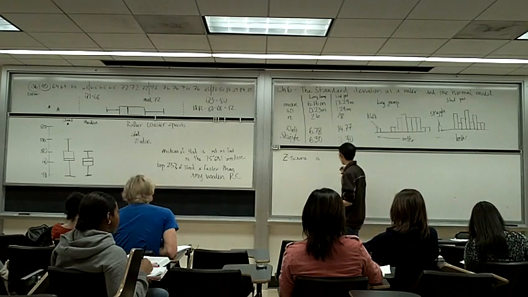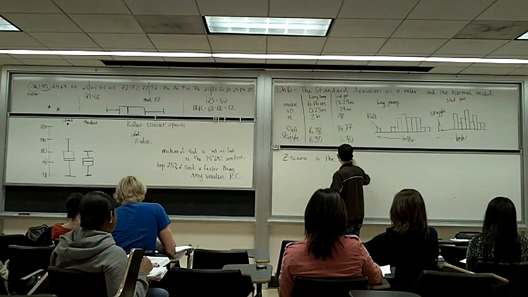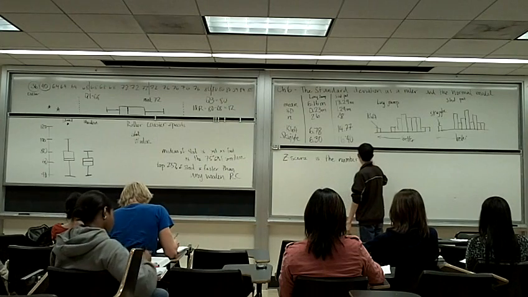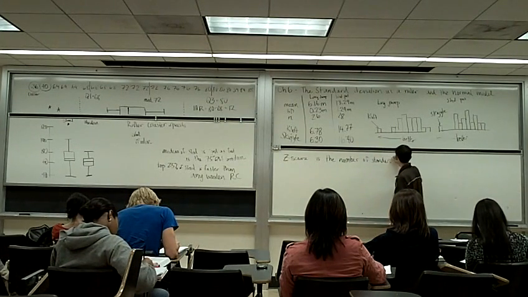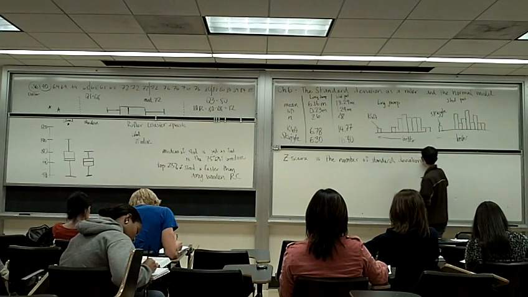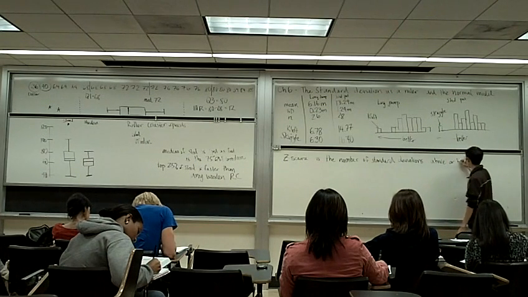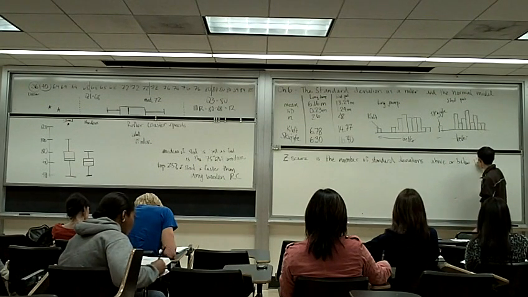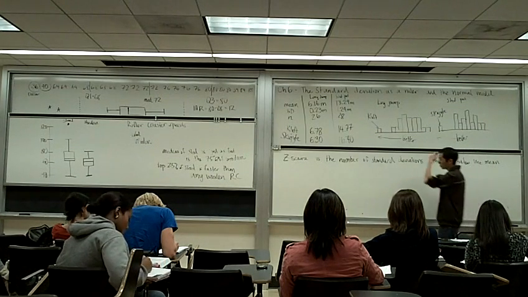So the z-score is the number of standard deviations above or below the mean a certain point is, okay?